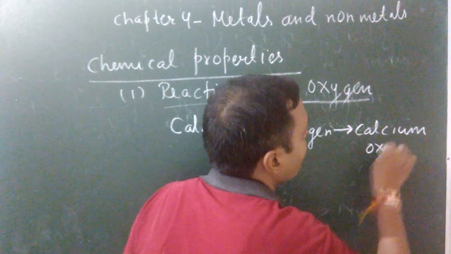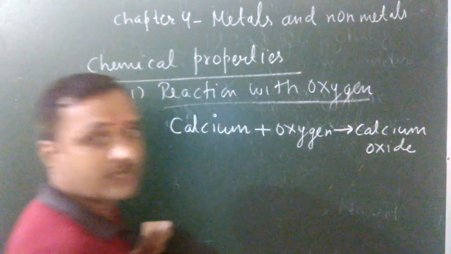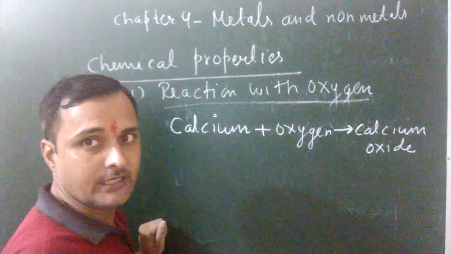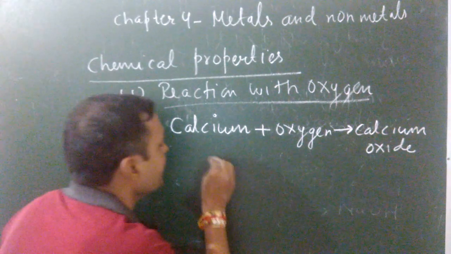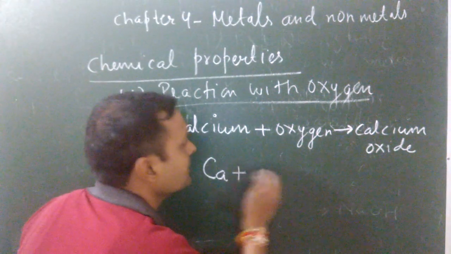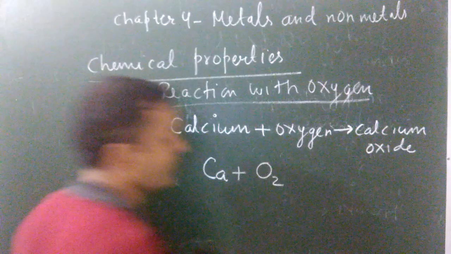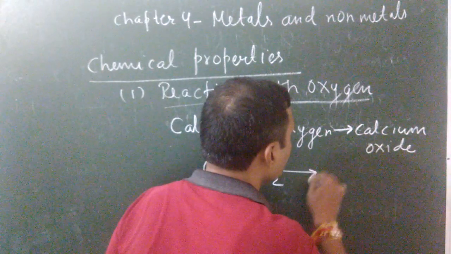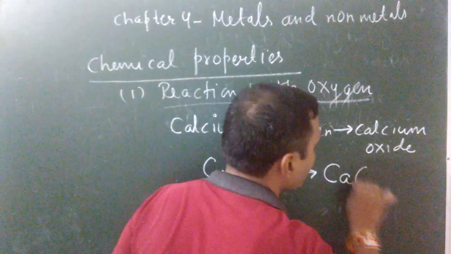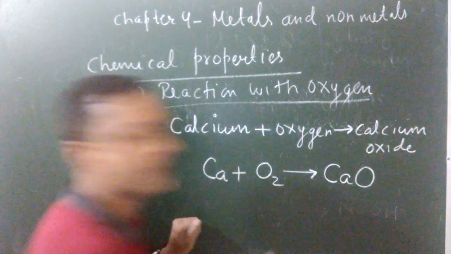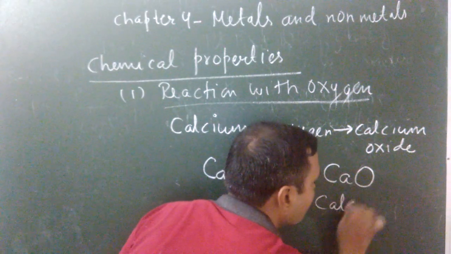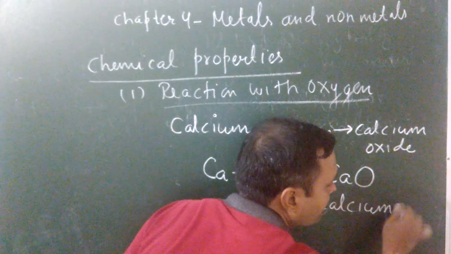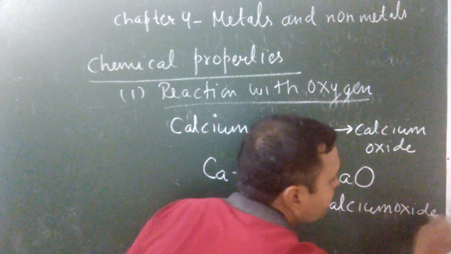By symbol, as I have explained already, the symbol of calcium is Ca, plus oxygen is O2, not O, because O2 is the oxygen molecule. There is formation of calcium oxide, CaO. The chemical name of this compound is calcium oxide.